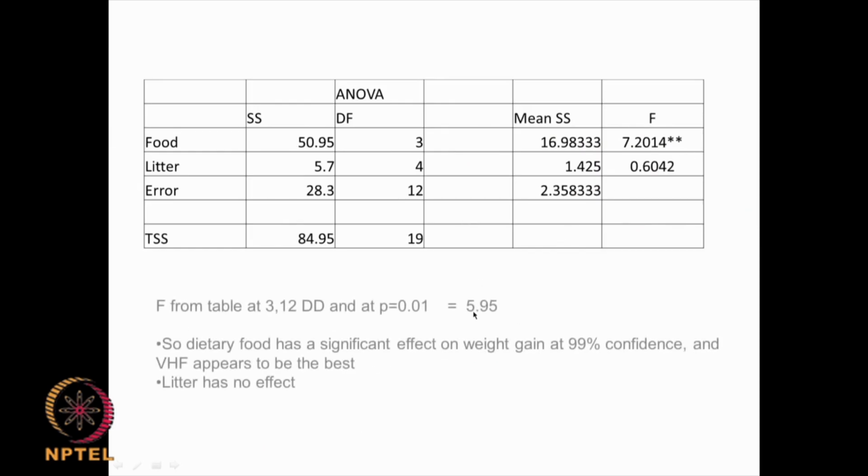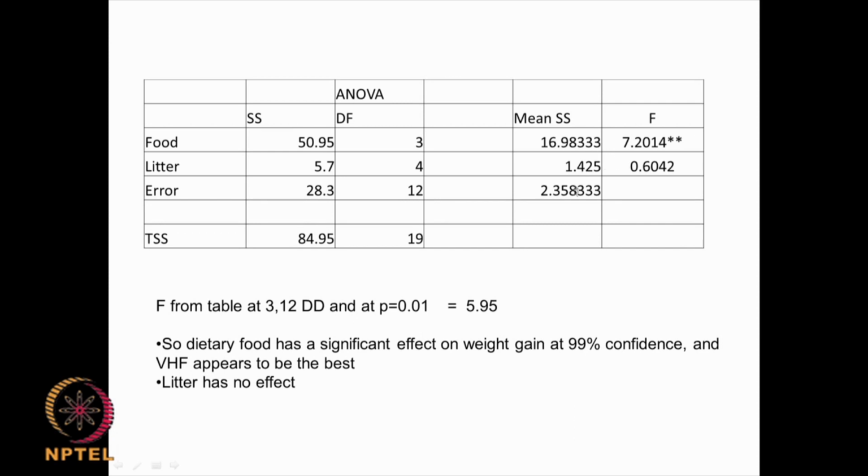You got an answer of 7.2. So your calculated value is much larger, so reject the null hypothesis. So dietary food has a significant effect on weight gain at 99% confidence level.